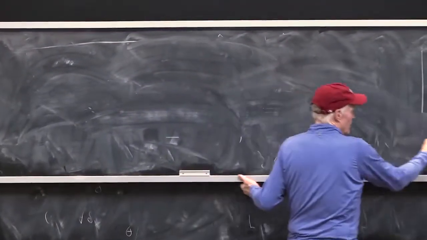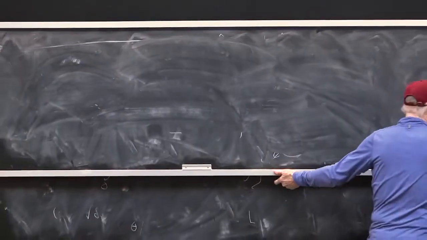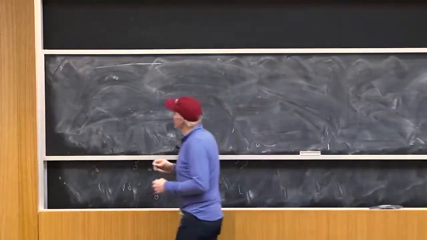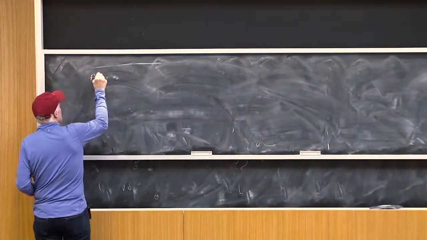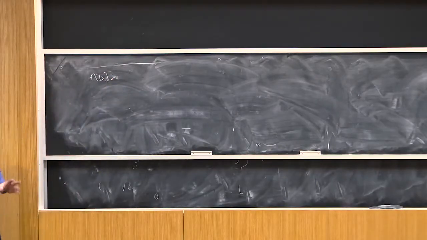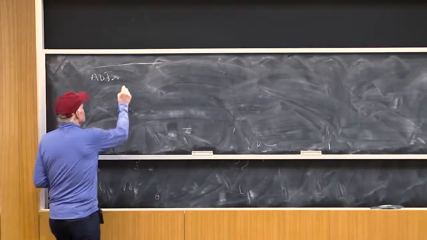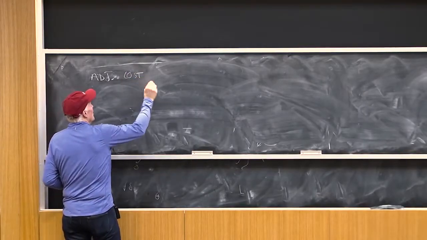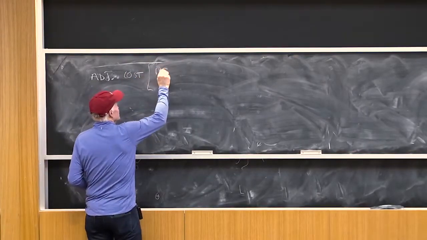And the adjustment cost model looks like the following. Adjustment cost. Now you can combine adjustment cost with upward sloping supply, but I'm going to do the simplest version of adjustment cost. I'm going to have perfectly elastic supply.